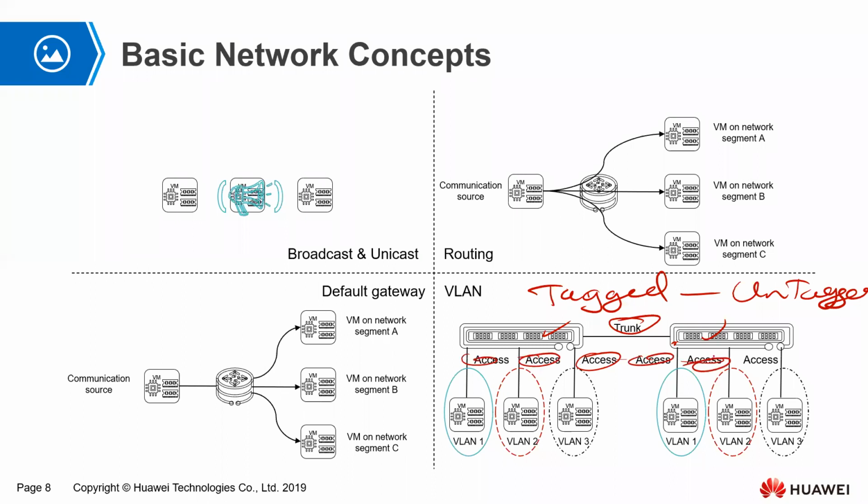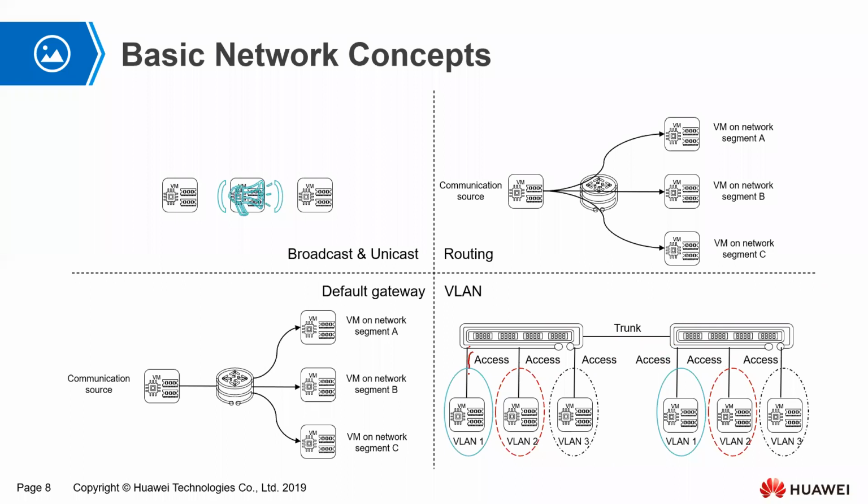I want us to draw attention to how these links differ. This link from here to there is what we call an access link. It connects our host to a switch.